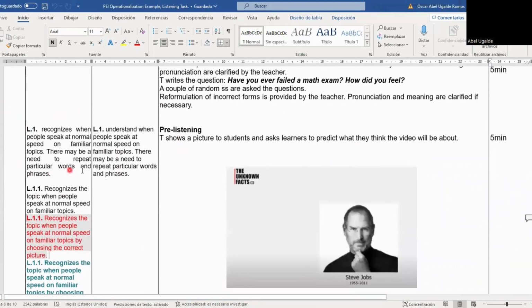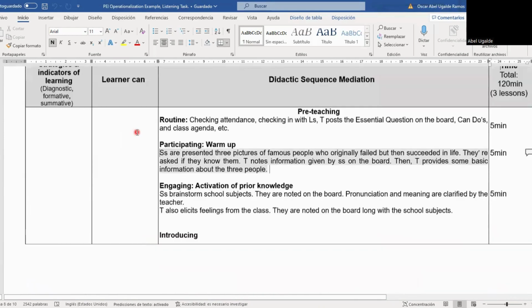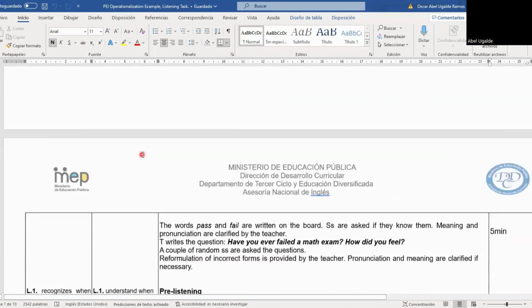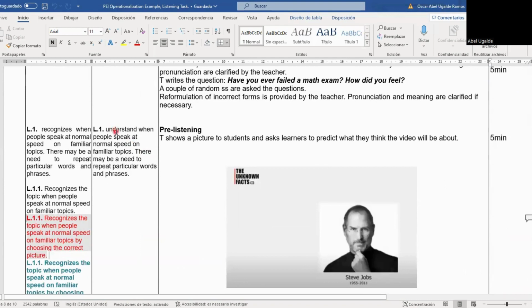You see, all students are going to be developing this goal, L1, with the respective L1 assessment strategy. Remember, a goal is written in base form because it continues the phrase "learner can." Of course, it's a modal verb, so learner can, why?